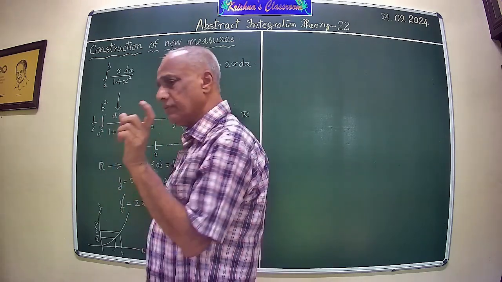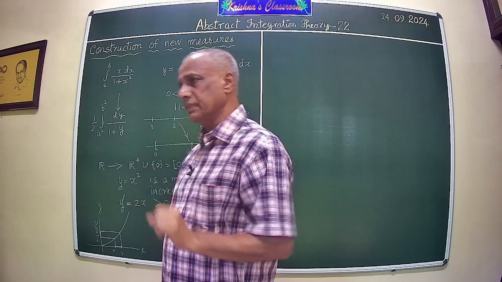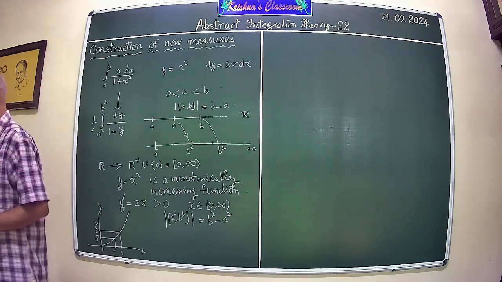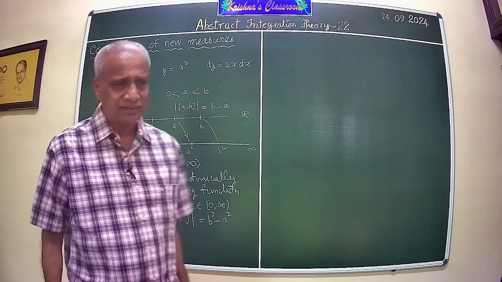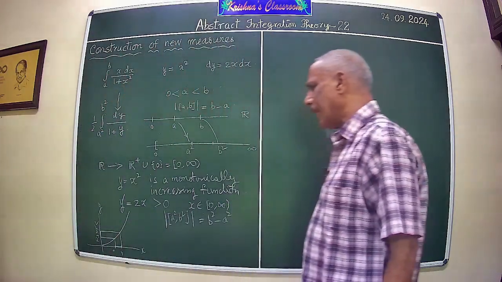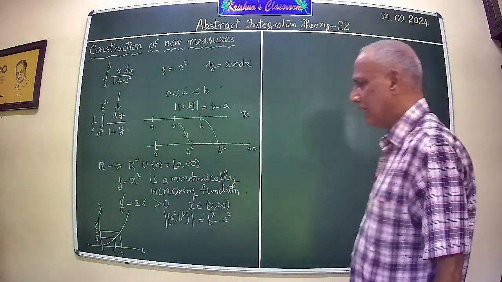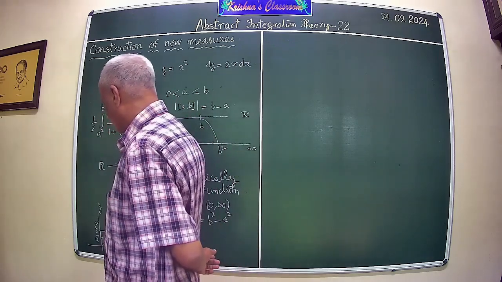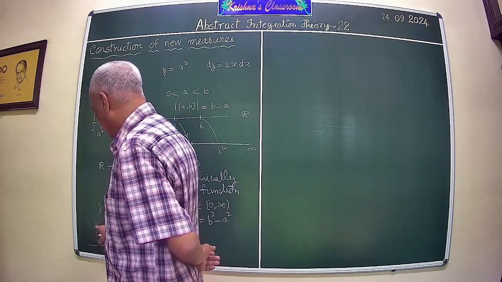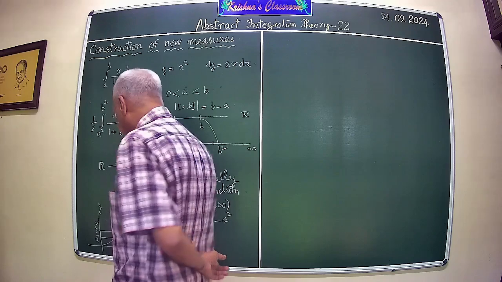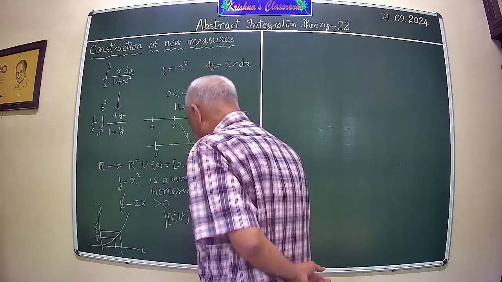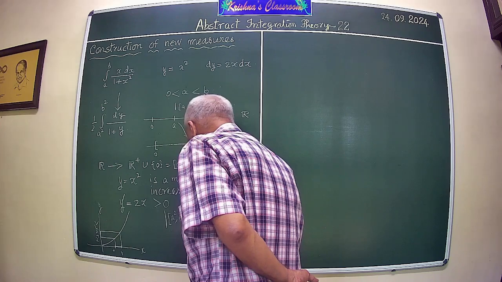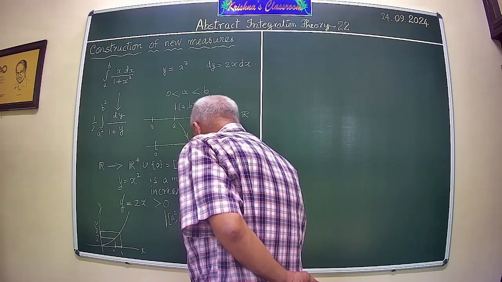One more thing is that in our original measure, if you take the interval 0, 1 and just translate it, what will happen? You will have the same measure. Whereas, if you take this interval a to b and translate, so you have a plus alpha, b plus alpha.